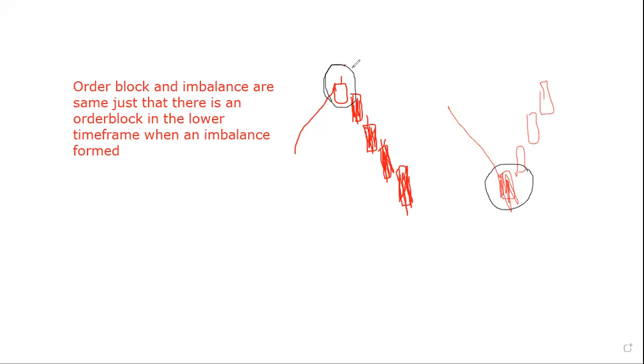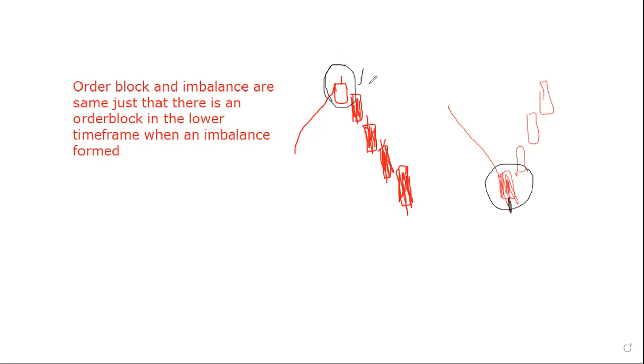Now, this is the formation of order blocks. I want to use this formation to answer the 3 important questions pertaining to order block. What does it do, or why order block? What is the implication? So far, we have an order block here, and price did not retrace back up.